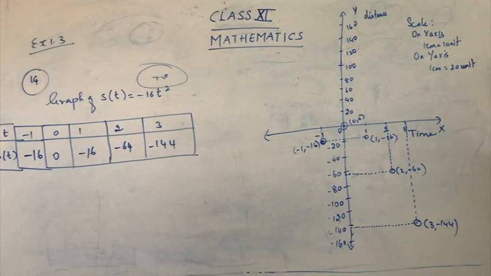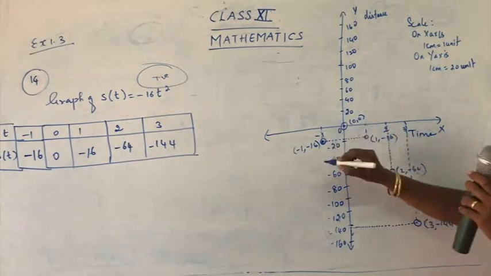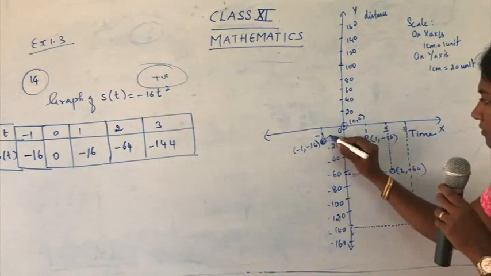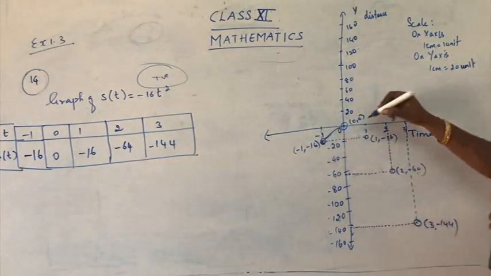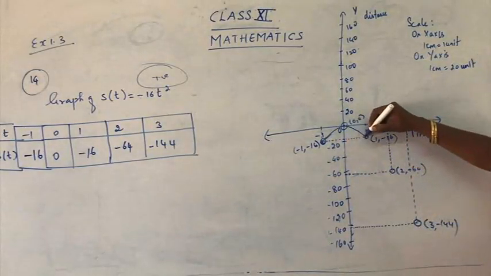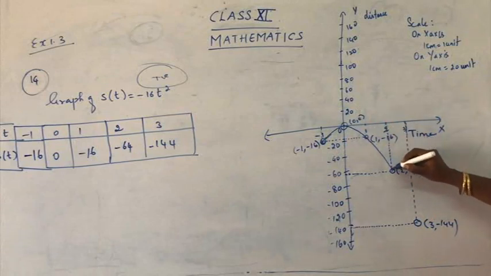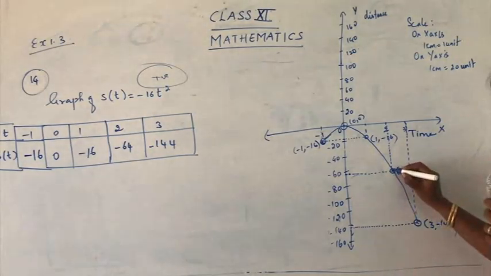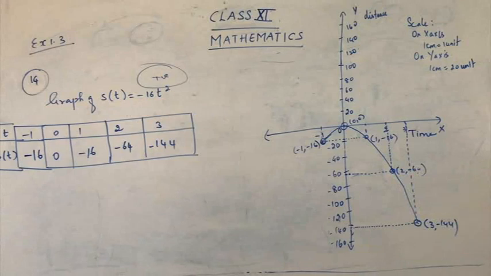So now you are just going to use your hand. You are not going to take a scale. No need to take a scale. Just join all the points using a smooth curve. Come on, draw a smooth curve. Don't draw everything at a time. Just go on joining two at a time, so that it will be easy. Try to join all the points by a smooth curve.